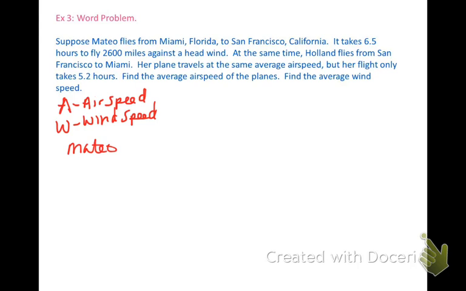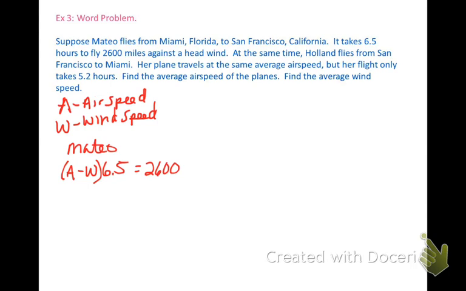All right, so his is going to look like this. Airspeed minus wind speed times the 6.5, how long it takes him, equals how many miles he flew.